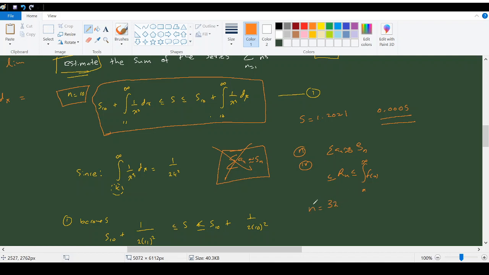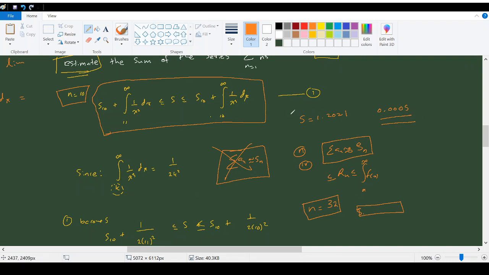So that means if we are using this one, we will need 32 terms. That means if we add the first 32 terms, then the difference between that value and the actual answer will be less than or equal to 0.0005.